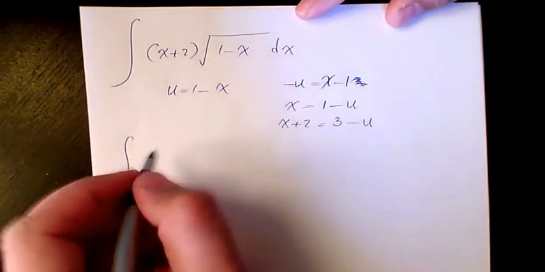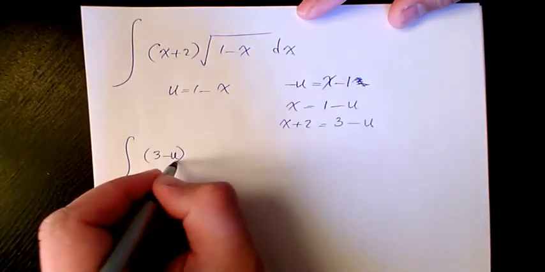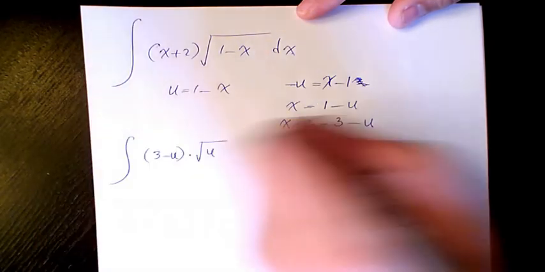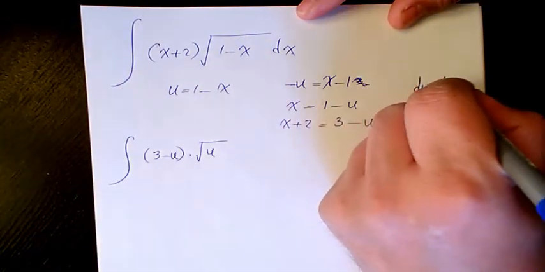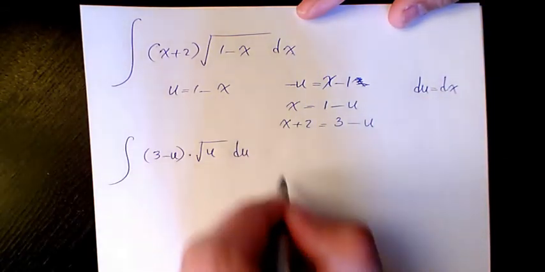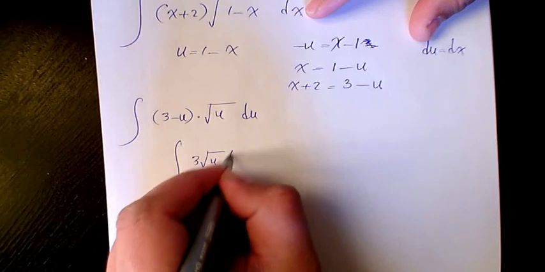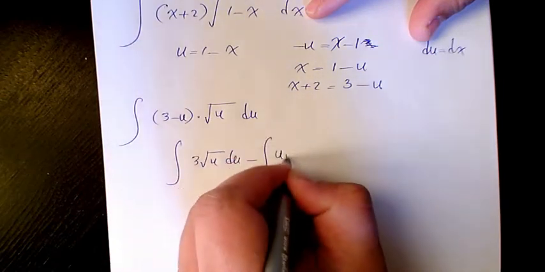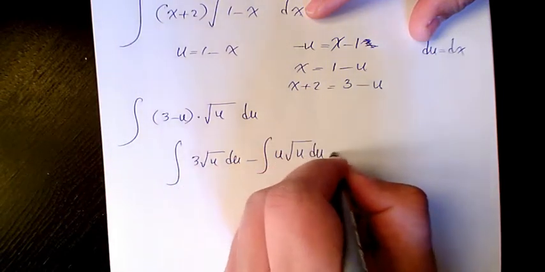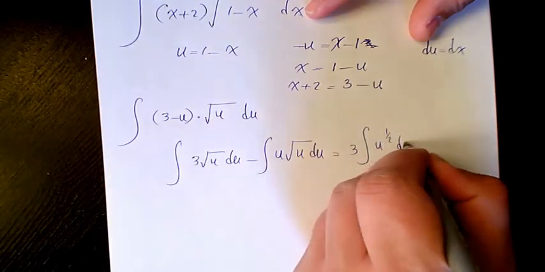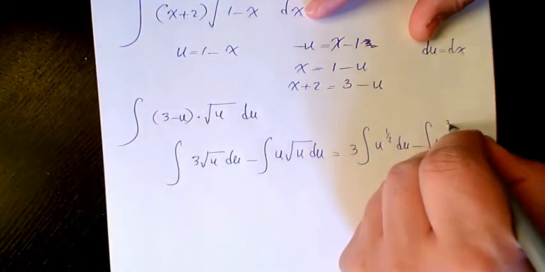So we have 3 minus u times square root of u, and du equals dx, so it's going to be du. So we have 3 root u du minus u root u du. It's going to be 3 u to the power of 1 over 2 du minus u to the power of 3 over 2 du.